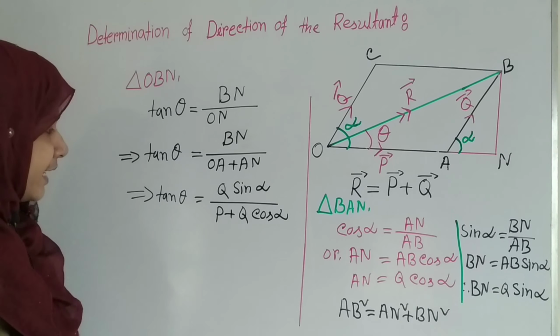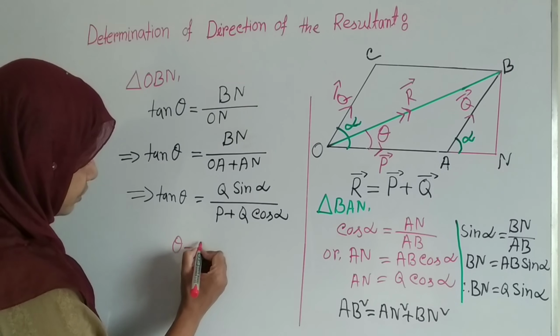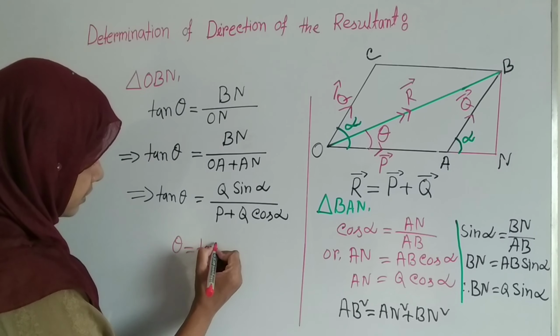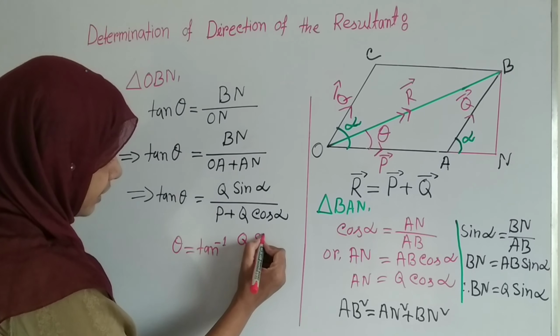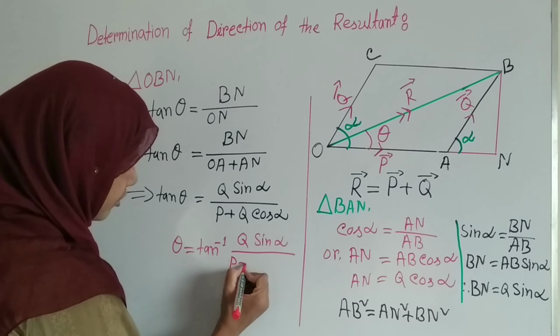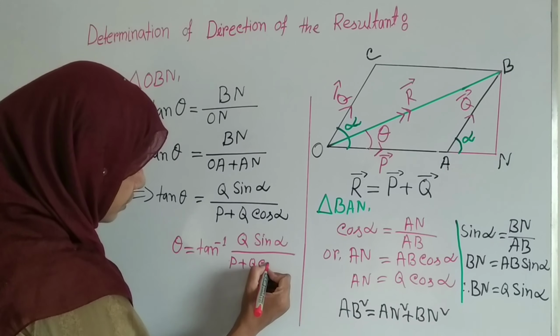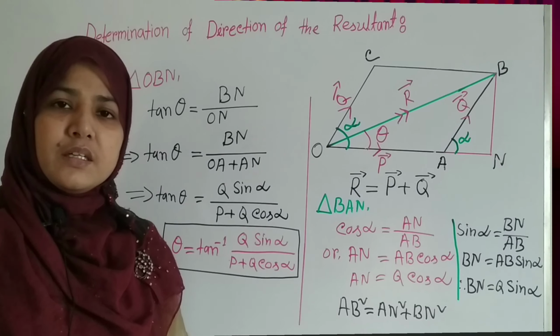So we can write that theta equals to tan inverse Q sin alpha by P plus Q cos alpha. This is the formula to identify the direction of resultant R.